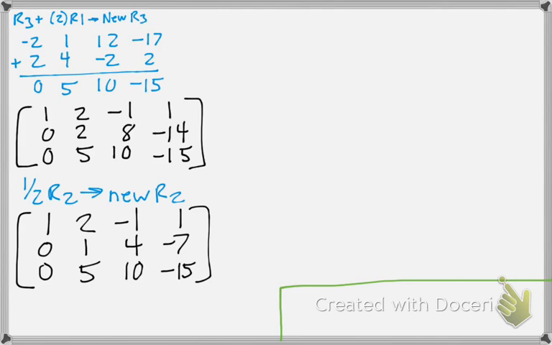Okay, so once you get a 1 in that position, you want to get zeros underneath it, meaning I want to get rid of that 5. In order to do that, I'm going to take row 3 and add -5 times row 2. So I'm using that 1 to really eliminate all the numbers underneath it. And that's going to be the new row 3.